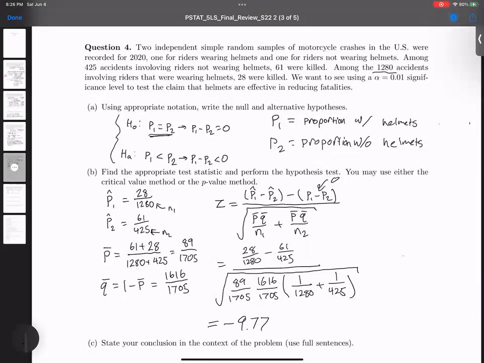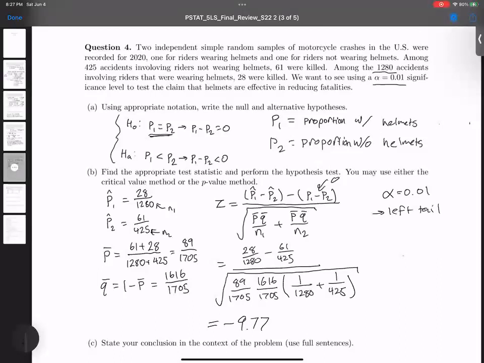And now, last thing we need to do is find the critical value and just compare the test statistic to the critical value. So this is again at the alpha equals 0.01 significance level, with a left tail test.